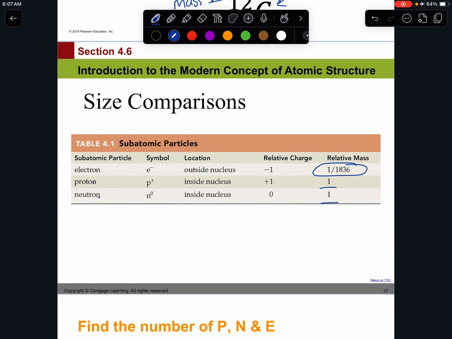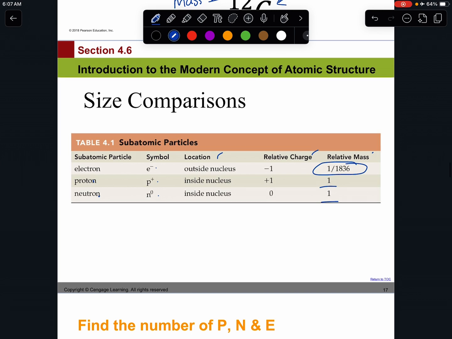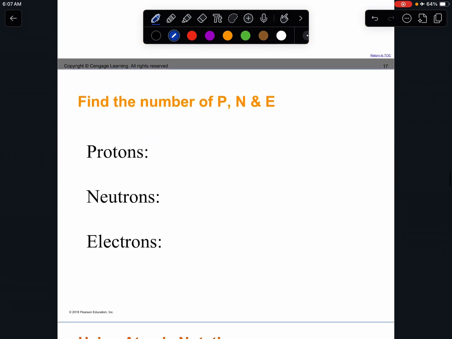So this is just a nice overall view of where each is located, the charge of it, and then the size comparisons. Now, you are going to see electrons written as e-, protons as p+, and neutrons as n with a 0, so please make sure you are comfortable using that.